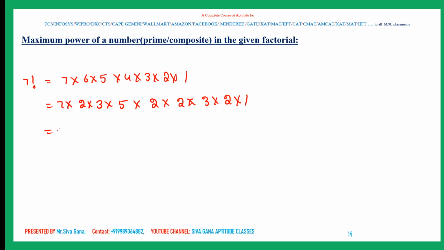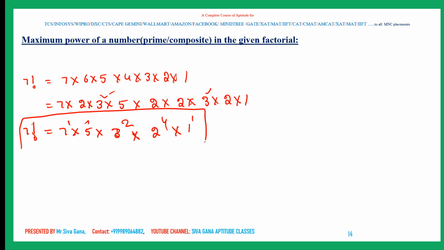Now, 7 factorial I can write as 7 into 5 into 3 squared into 2 power 4 into 1. 3's are how many? 2. 2's are how many? 1, 2, 3, 4. Right? This is also 7 factorial. Now I'm keeping it in a box.